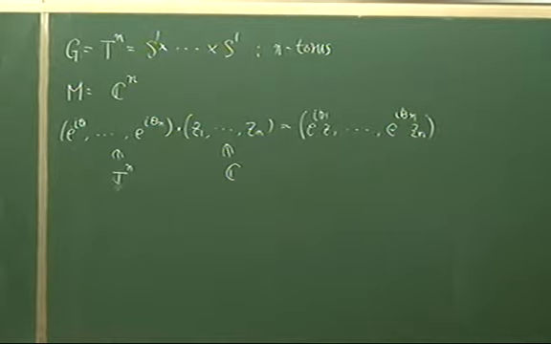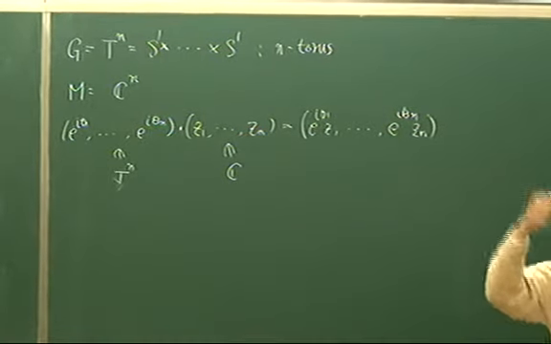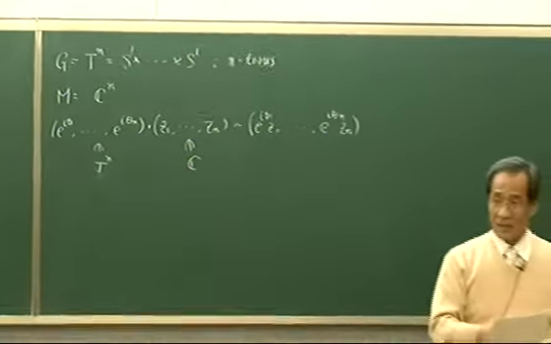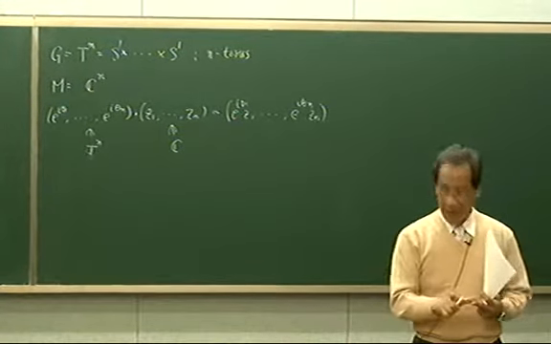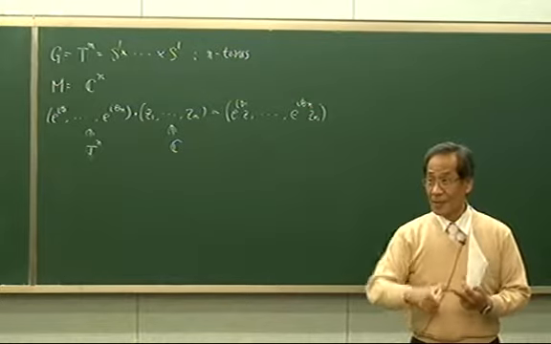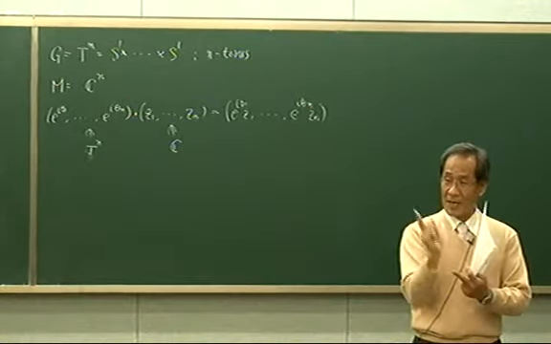Then if you take the orbit space, each component is just a half line, so you have n half lines.